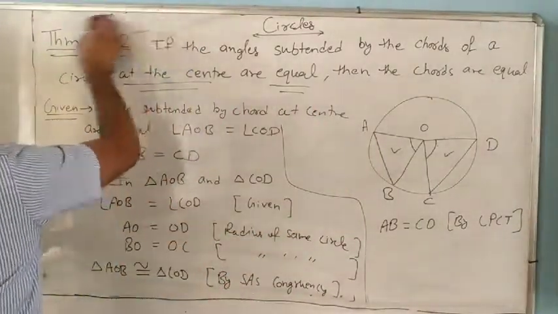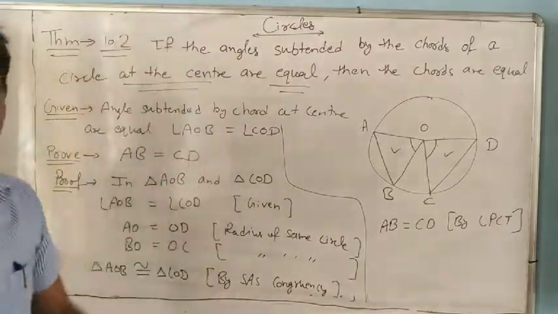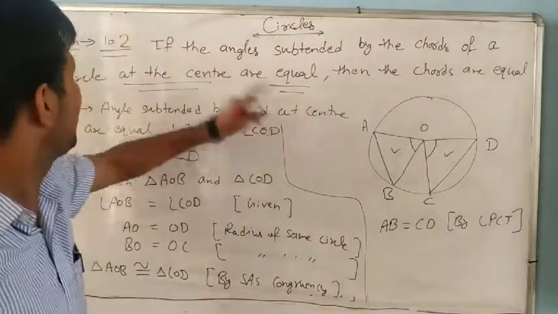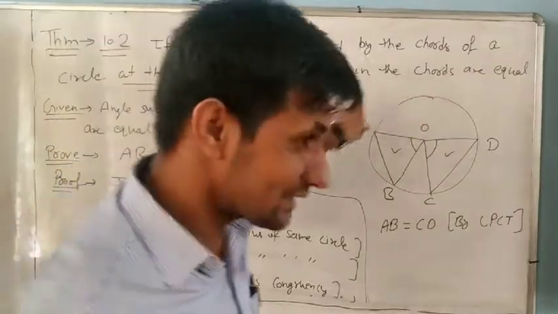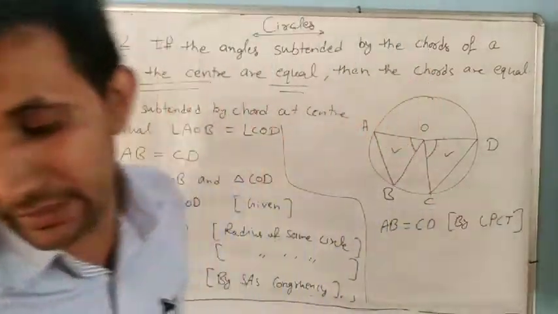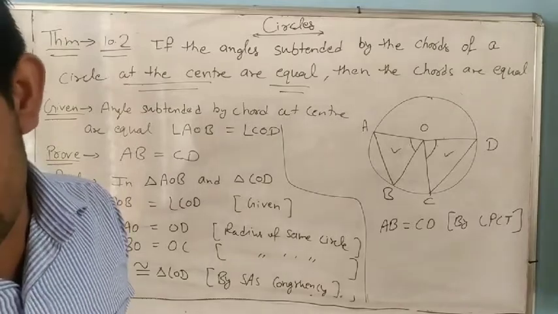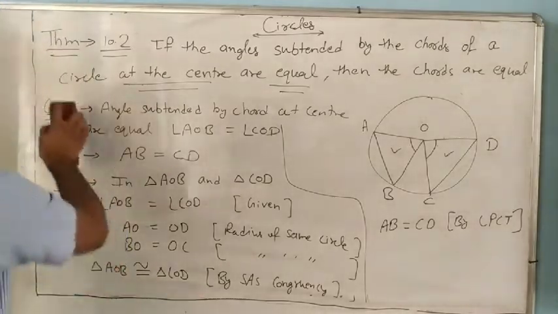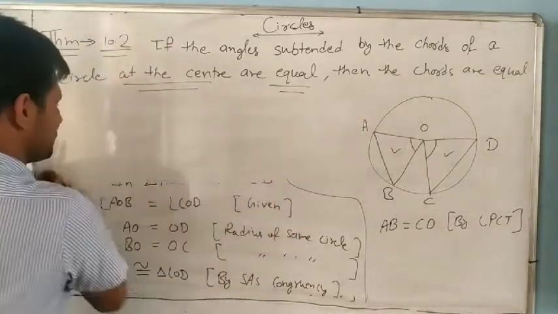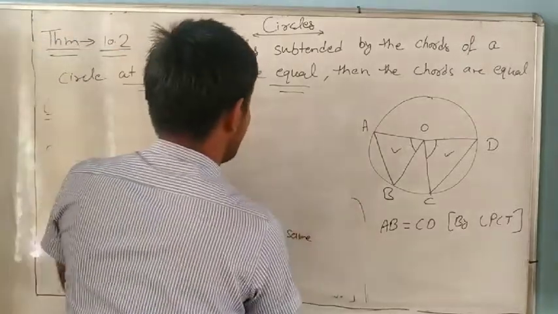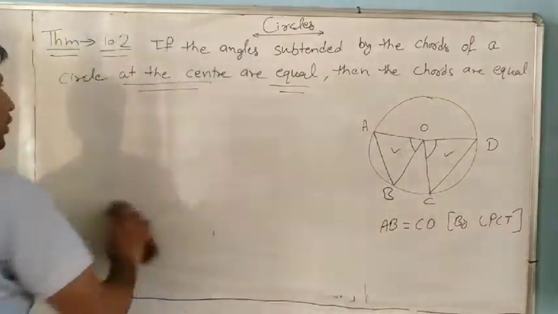Now, in theorem 10.2 it is given only for one circle, but in exercise 10.2 question number 2, the proof is the same, only a little bit different.